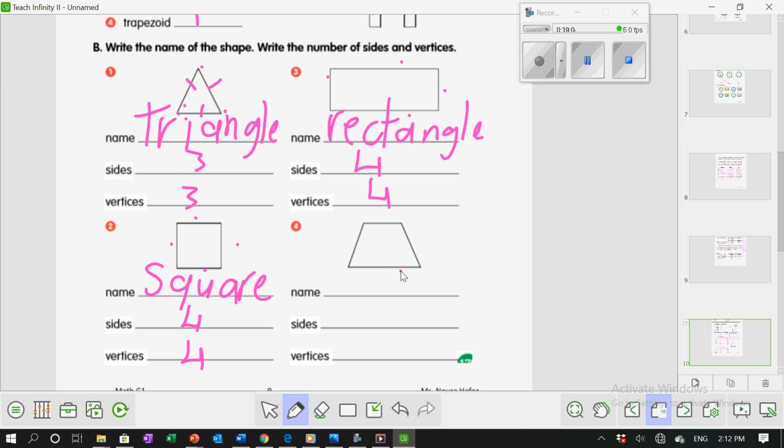What about this shape? It looks like a skirt. Excellent. It's a trapezoid. How many sides? 4. How many vertices? Also 4. Excellent. So here you have to know how to write the names of the shapes.